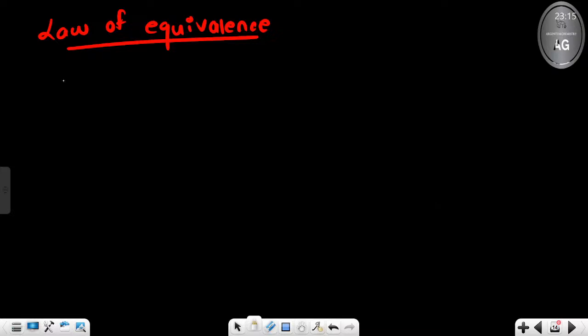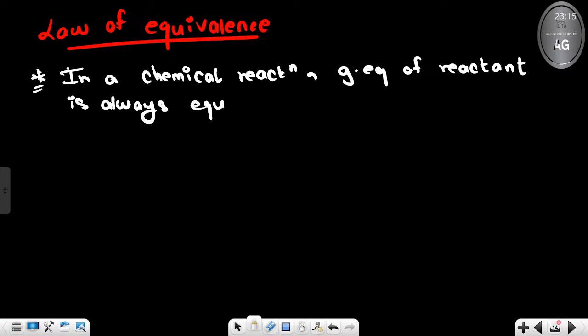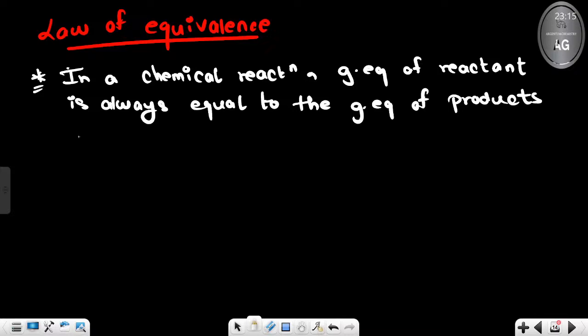So what does law of equivalence state? In a chemical reaction, gram equivalent of reactant is always equal to the gram equivalent of product produced.